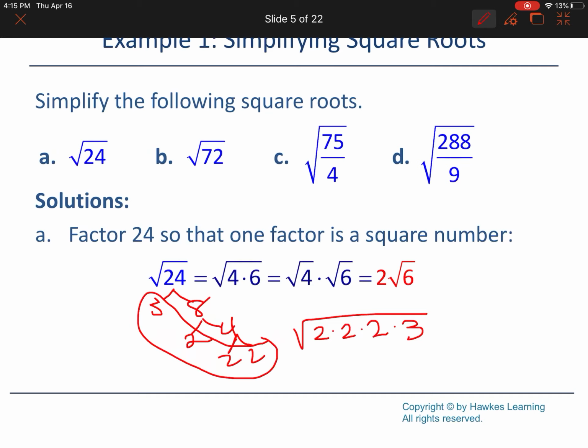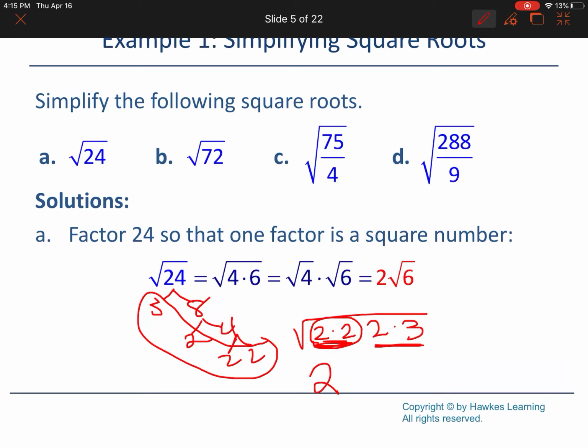But once you have it prime factorized, if you have the prime factorization, then you're looking for groups of 2, right? Because when I take two numbers, multiply them together, that gives me a perfect square. So I have 2 squared, and it's the square root, so that means that's going to be the square root of 4, which is just a 2.